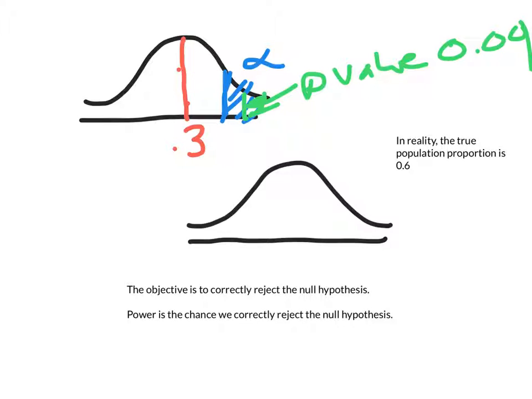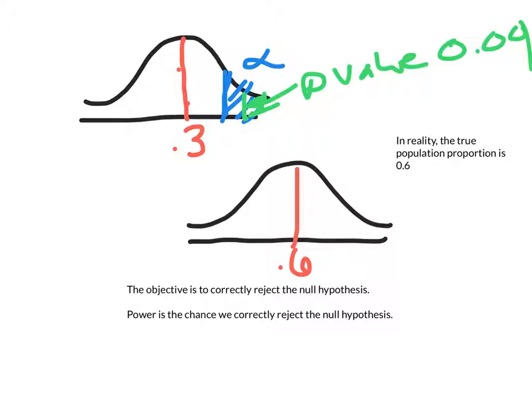We should have rejected the null hypothesis because 60% is definitely greater than 30%. What that actually means is we have this second normal curve here. And the second normal curve should be centered around 60%.